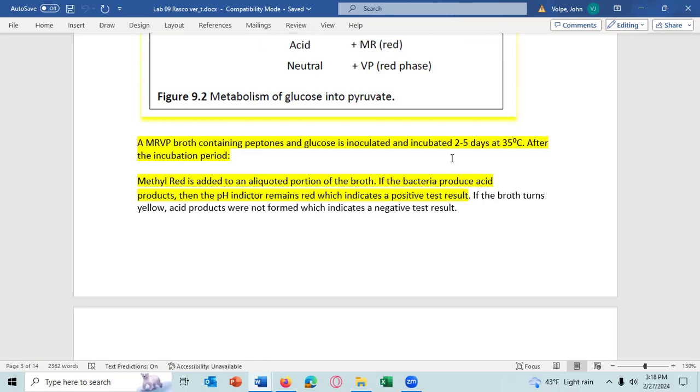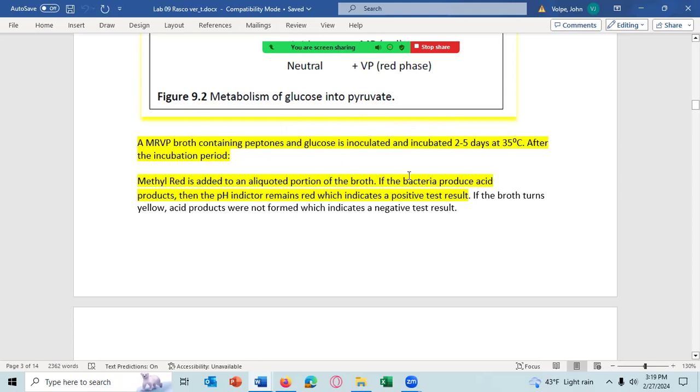You could run the MR test at 2 days, but if it's negative, you have to repeat the test and run it for 5 days, because some organisms just do not show up at 2 days. You've got to incubate it for 5 days. And in my procedure, like the unknown project, if you request the MR test, I'm just going to always let it incubate for 5 days.